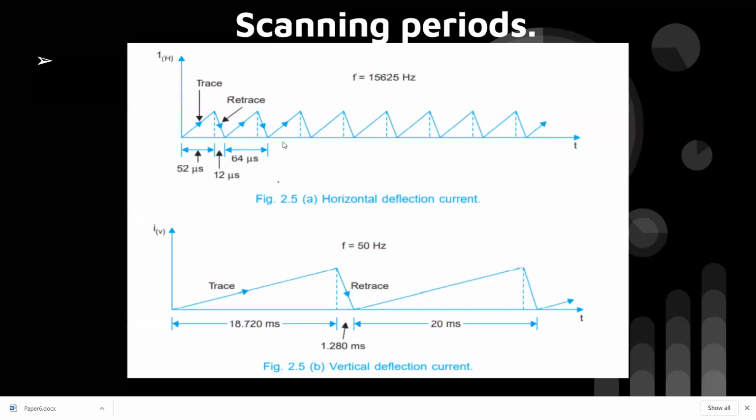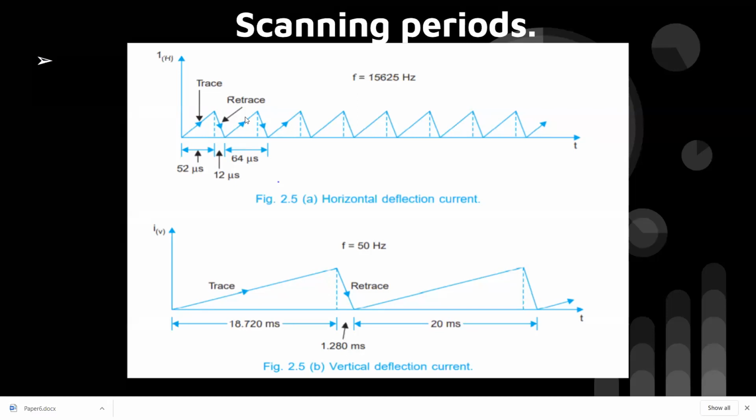First, for horizontal deflection current, the trace period requires a total of 64 microseconds. Out of 64 microseconds, the majority, 52 microseconds, is for the trace period. The remaining 12 microseconds is for the retrace period.